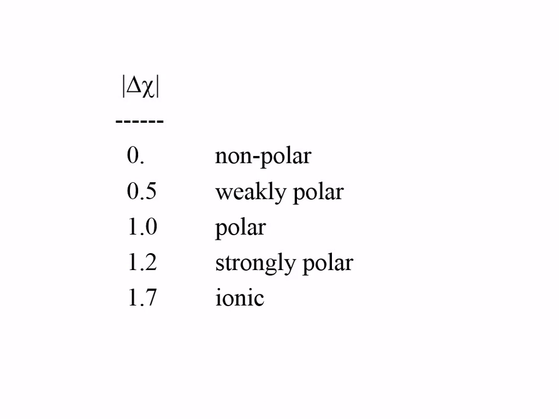This slide you see in your notes, actually like 3 slides from now. But I wanted to remind you of what this delta chi is. Delta chi, or electronegativity difference, is basically you have the Pauling value of the 2 atoms to evaluate the bond between them. The chemical bond between them is going to fall into one of these categories.